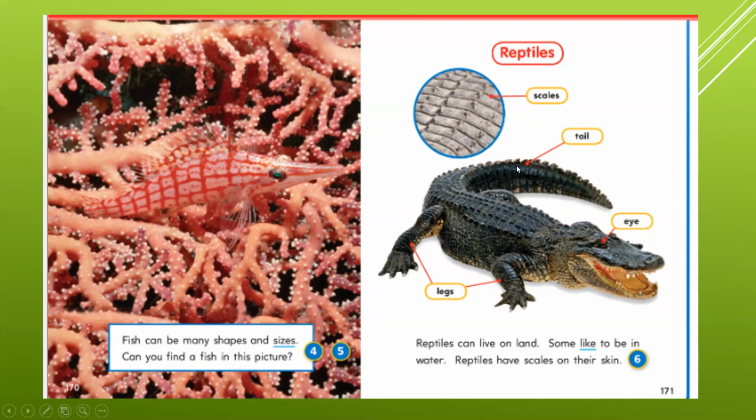Scales. Scales are on the alligator's skin. Okay? I can find the tail, I can find eyes, I can find legs.